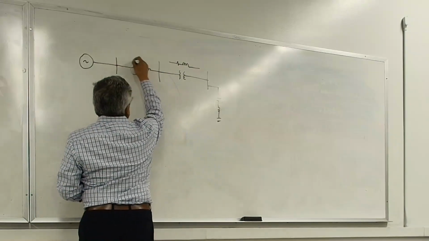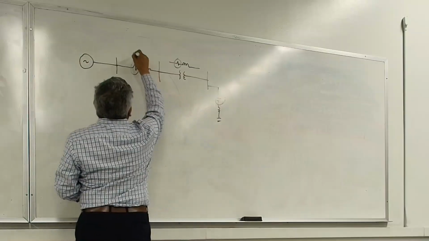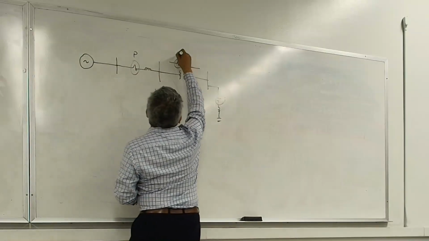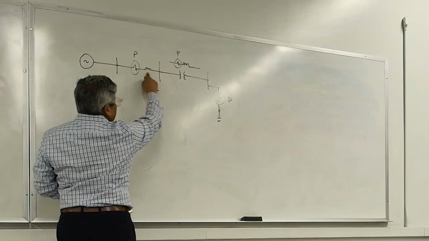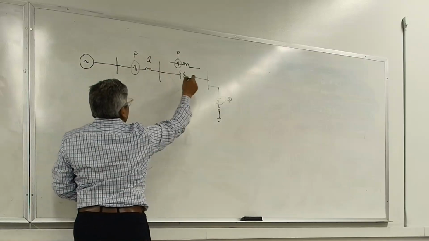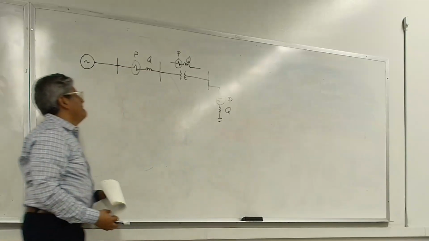So the resistors, of course, are the ones that consume P. And the reactances on your line and your transformers are the ones that are consuming Q. Okay?